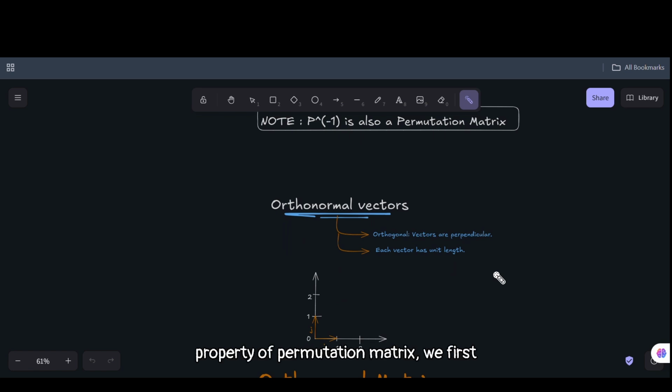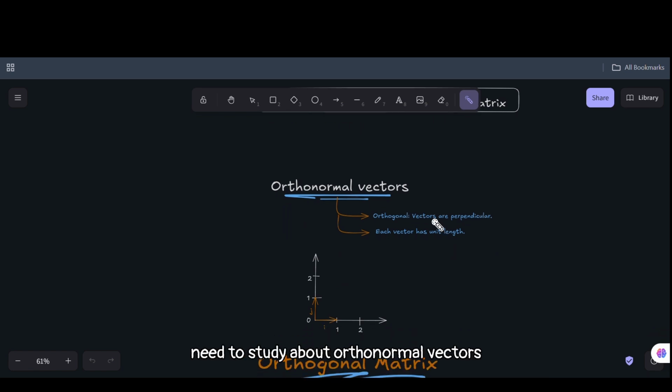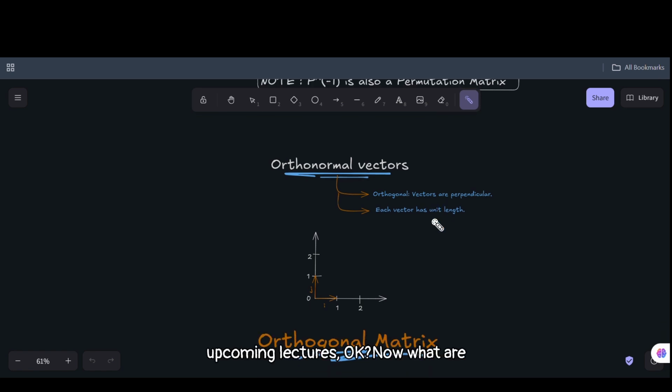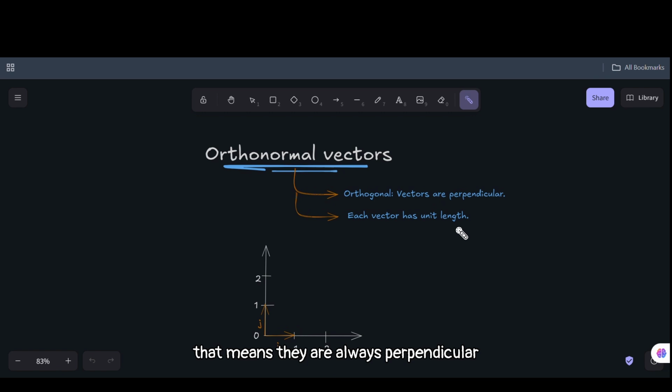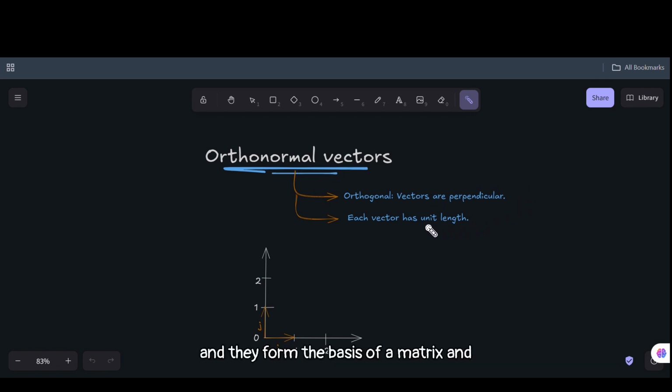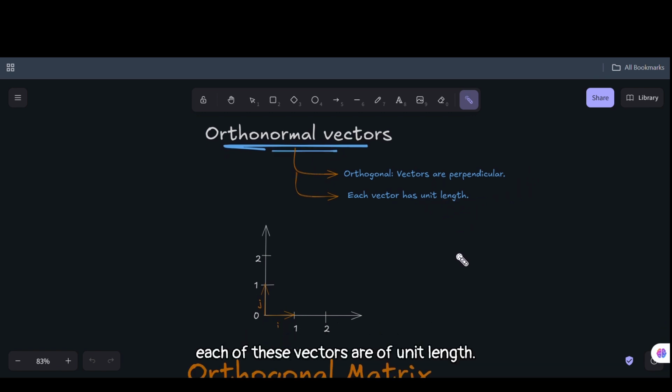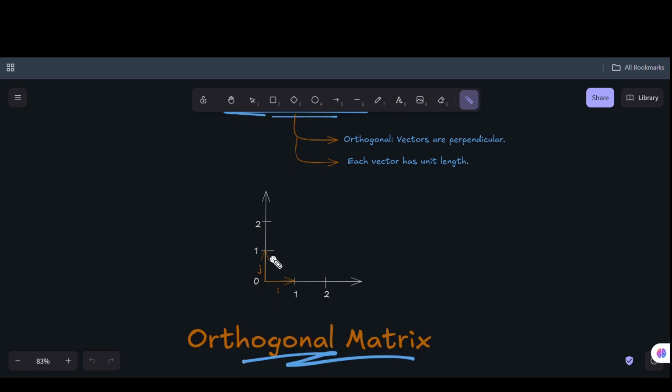Now to study the next property of permutation matrices, we first need to study orthonormal vectors and orthogonal matrices. This is going to be just the intro. We are going to study it in more detail in the upcoming lectures. Okay. Now what are orthonormal vectors? Orthonormal vectors consist of vectors that are orthogonal. That means they are always perpendicular and they form the basis of a matrix, and each of these vectors is of unit length.